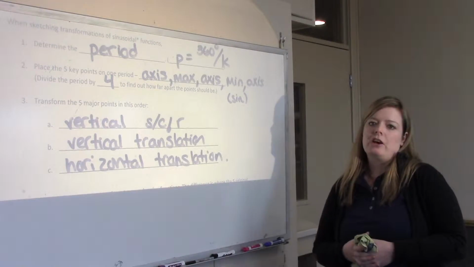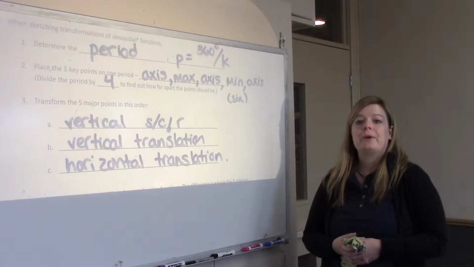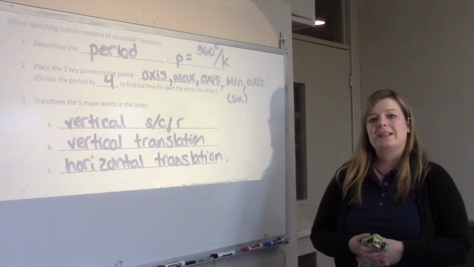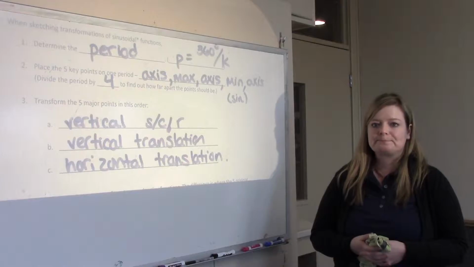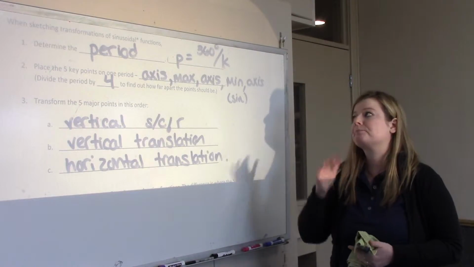It really is a matter of your comfort level. I won't be marking you any harder if you do it one way or the other. I really just look at your final curve and see if it's correct or not. The only benefit of doing it in stages is then maybe I can give you part marks if one of your stages is correct. So that's kind of a personal decision you're going to have to make.